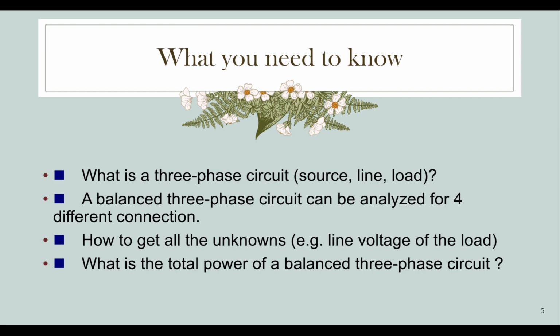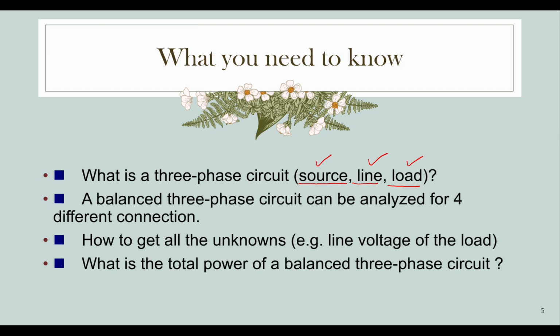So what you need to know in this three-phase system is, what is a three-phase circuit? In this three-phase circuit, there is a source, line, and load. So you have to know where is the source, where is the line, where is the load. This is a balanced three-phase system.